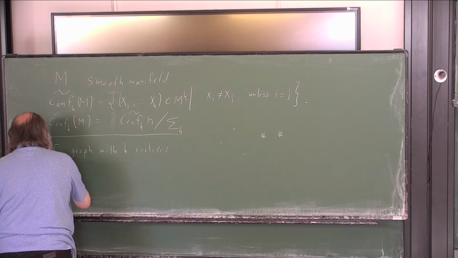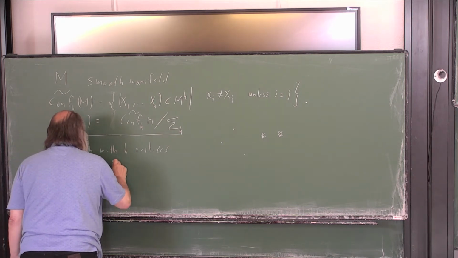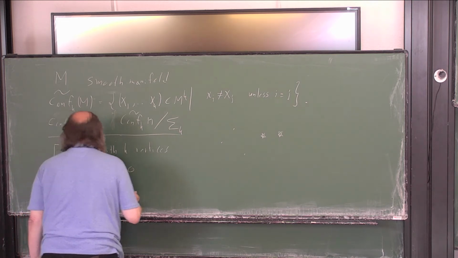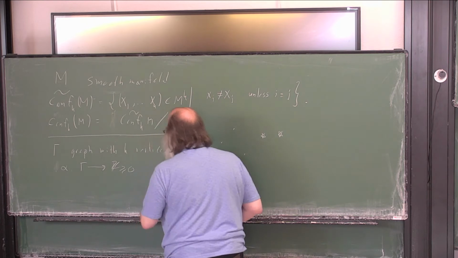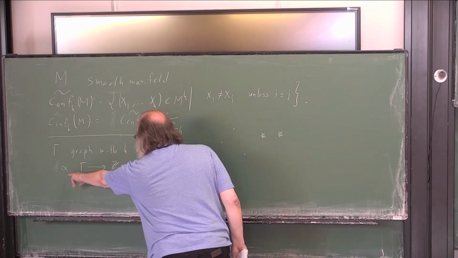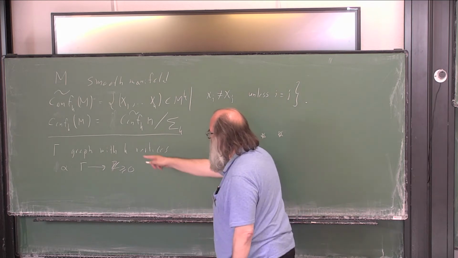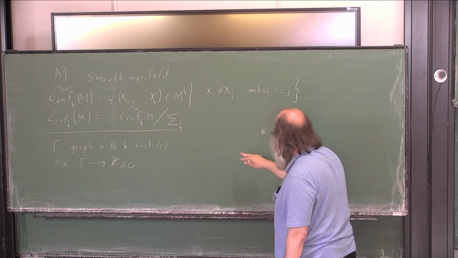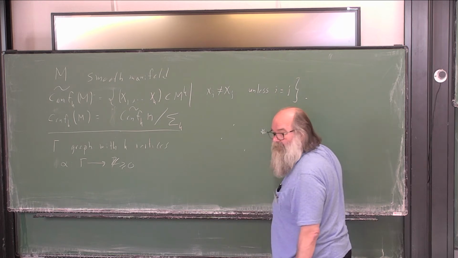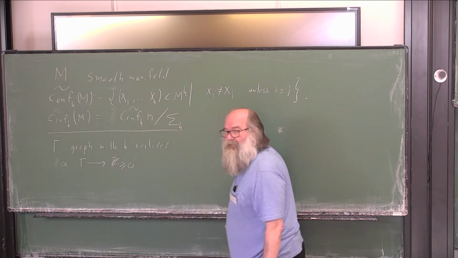You have a function, let's call it alpha, from the vertices of gamma to the non-negative integers, which tells you how many points you have to pick for each vertex. So the vertices of the graph correspond to classes of points, and this tells you how many there are of each.